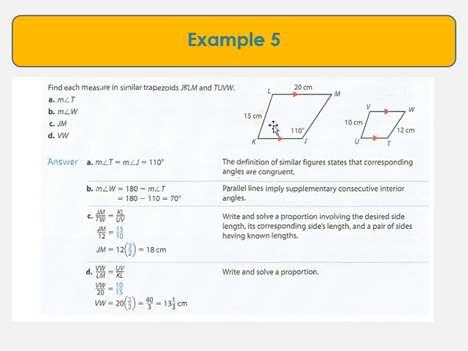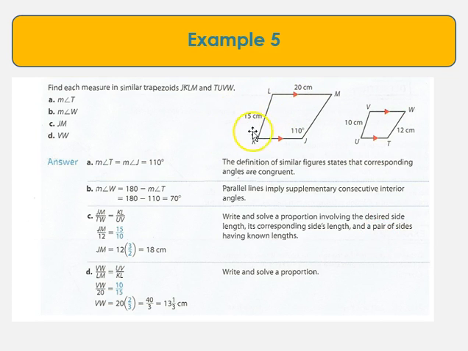So with 4 sides, what we'll do is find each measure in similar trapezoids, JKLM and TUVY. So for this example, they've told us they're similar already. So we don't have to prove similarity, but we're going to use ratios to find missing measures.